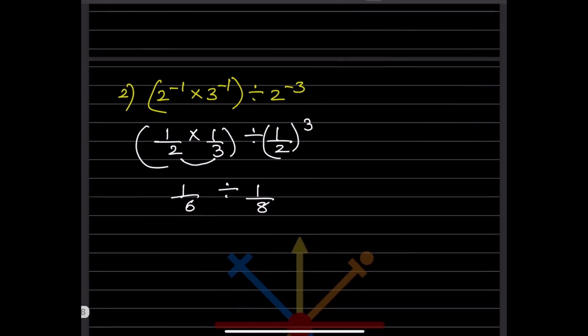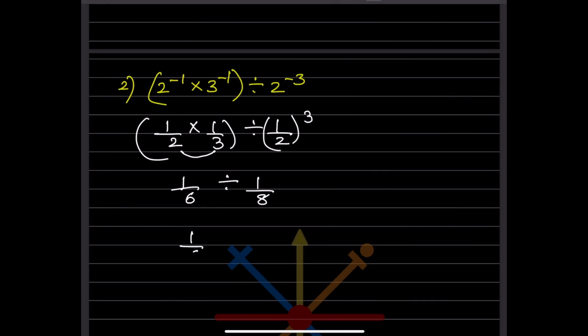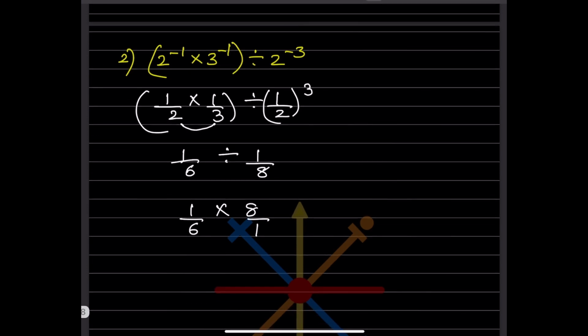So now because this is division, we can make it to multiplication. So that is going to be, the right hand side will be 8 by 1. So now we can simplify this one. 2 3s are and 2 4s are. That is going to be 4 by 3.